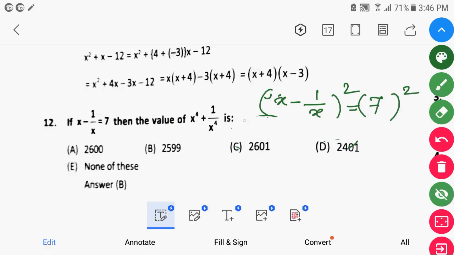So for finding this, solve with that formula only. x square minus 2ab, means 2 into this x multiplied by this 1 upon x, plus b square.